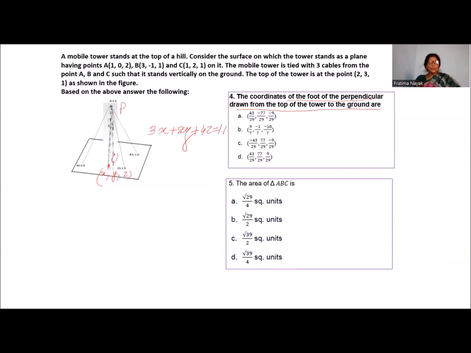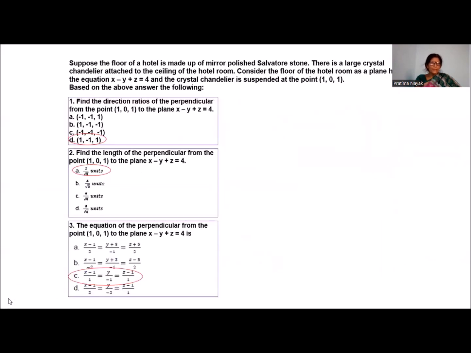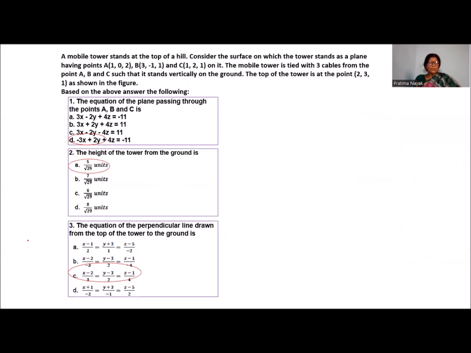And the perpendicular PQ we have already found out. Let us see once what is the relation, because this is the point. Sorry, this is x minus 2 upon 3.